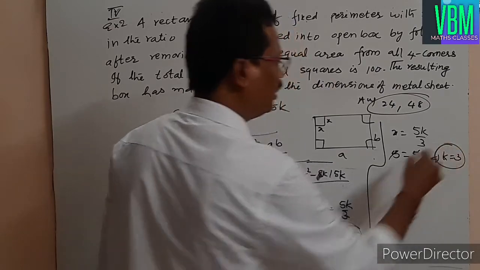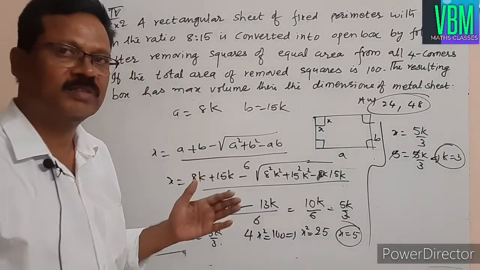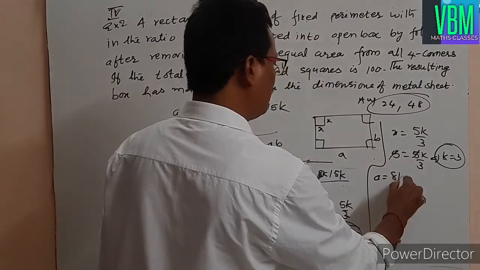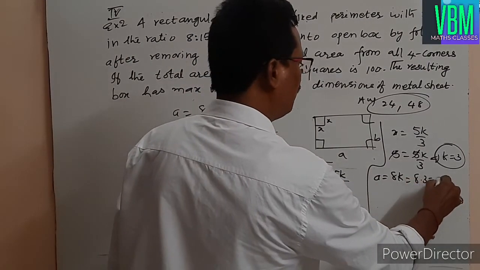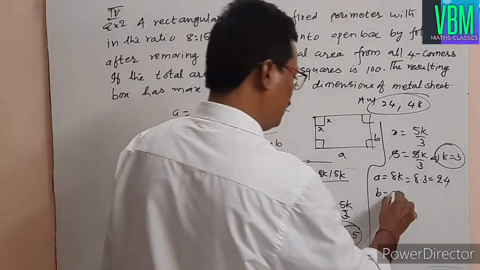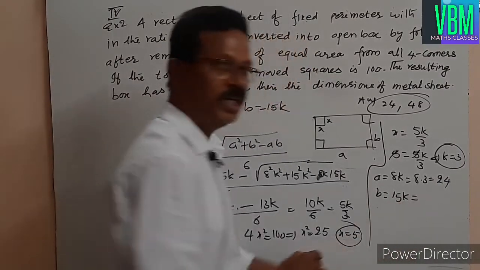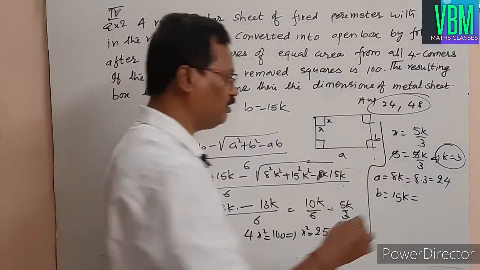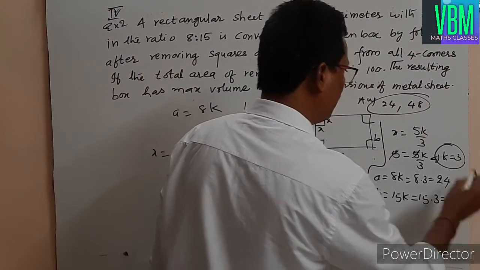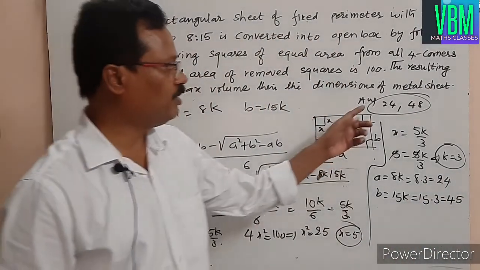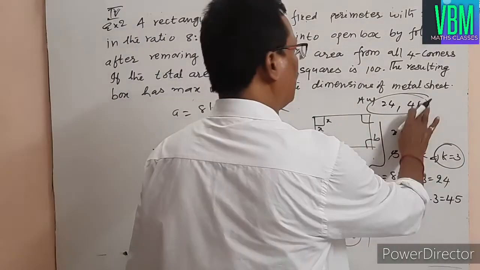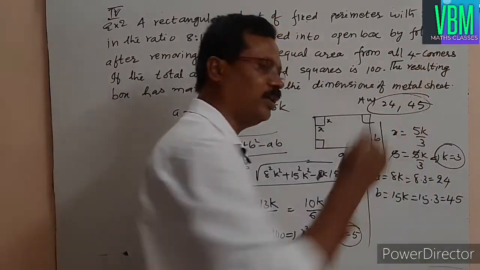Then what are the dimensions of the metal sheet? a is equal to 8k, k is equal to 3, so 24 units. b is equal to 15k, k is equal to 3, substitute here 15 into 3, 45 we got. Therefore, the dimensions of the metal sheet are 24 comma 45. This is not 48, that is the 45 answer.